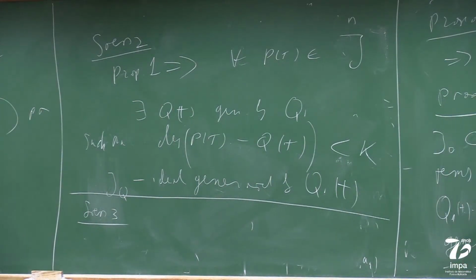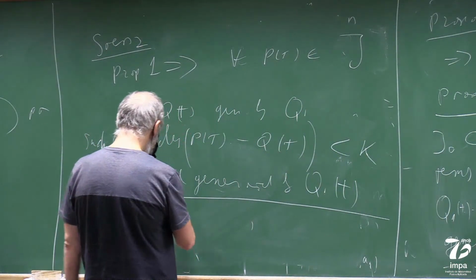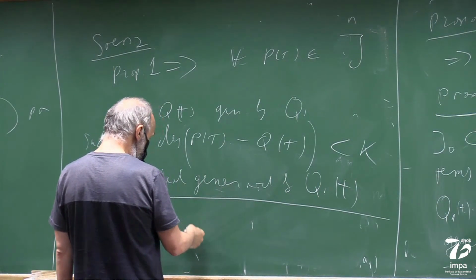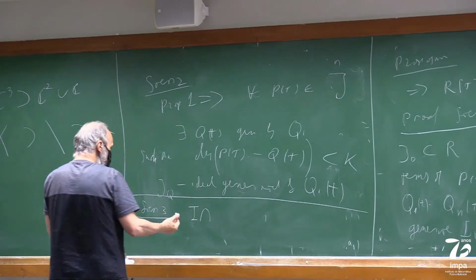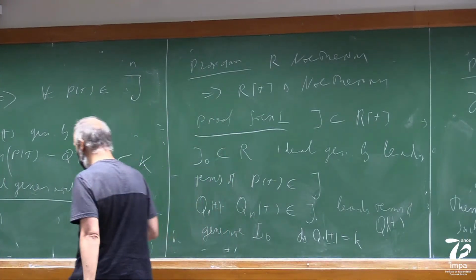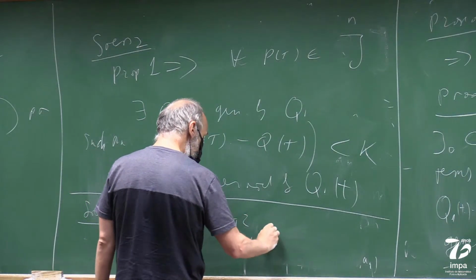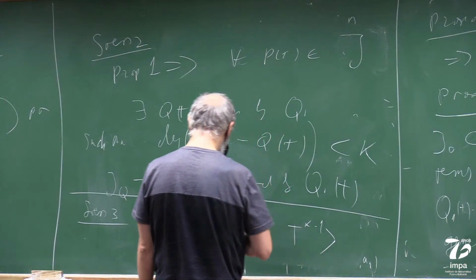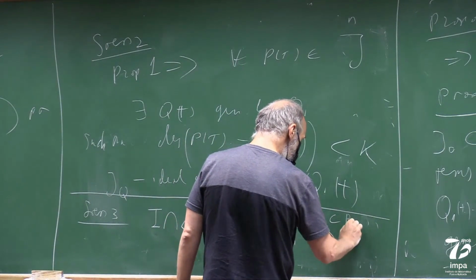We can take the intersection of I, which belongs to R[t], with the subspace generated by monomials 1, t, t squared, and so on, up to t^(k-1). R[t] is a graded space, generated by monomials as generators over R. This is free, so this is an R-submodule in R[t].